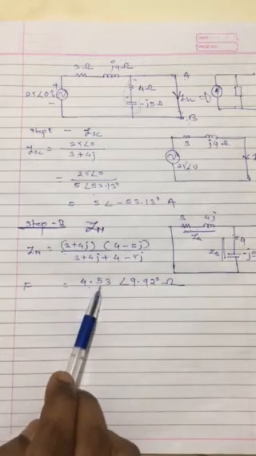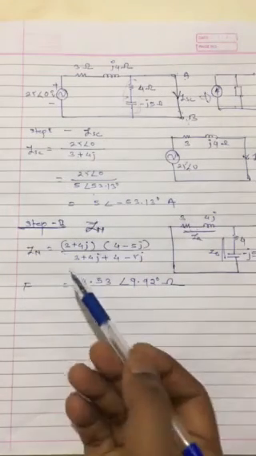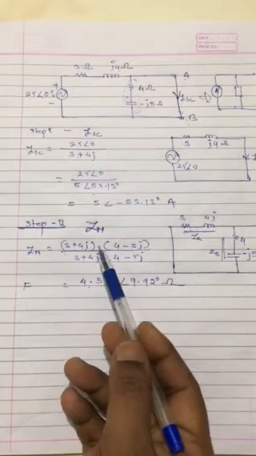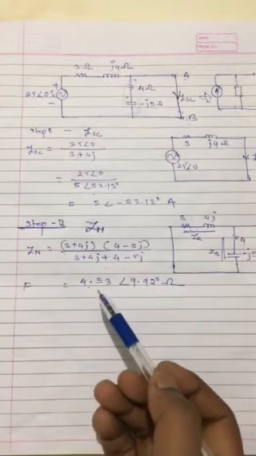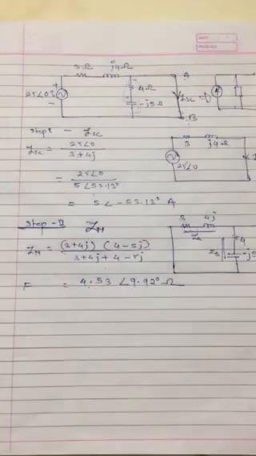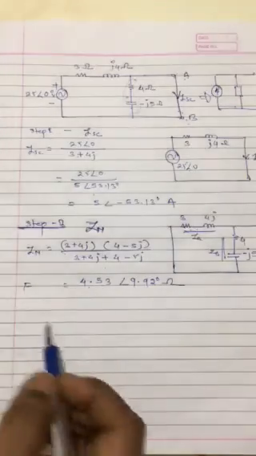I am writing this directly because I can't show you how to solve it in a calculator. You can simply put your calculator in complex mode and enter these values in numerator and denominator, and you will get the answer in rectangular form, but when you convert it to polar form, you will get this answer. It is a facility in your calculator.